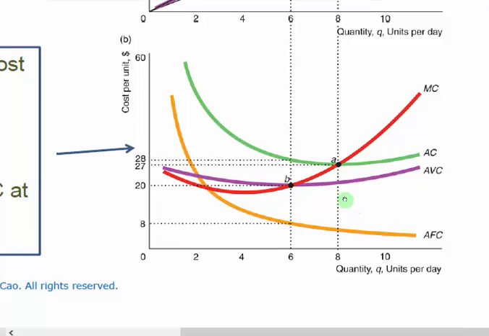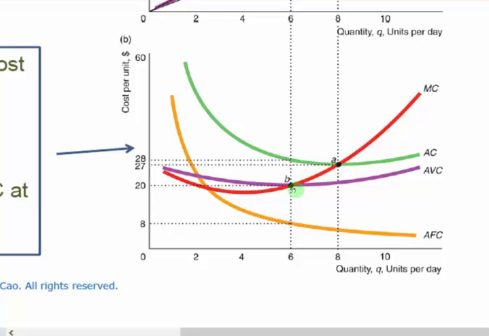Now finally, because the average fixed cost is decreasing in terms of quantity, even though average variable cost has reached its lowest point and starts to increase, the wedge between the average variable cost and average cost is still decreasing. That makes the minimum point of average total cost appear at a higher quantity.